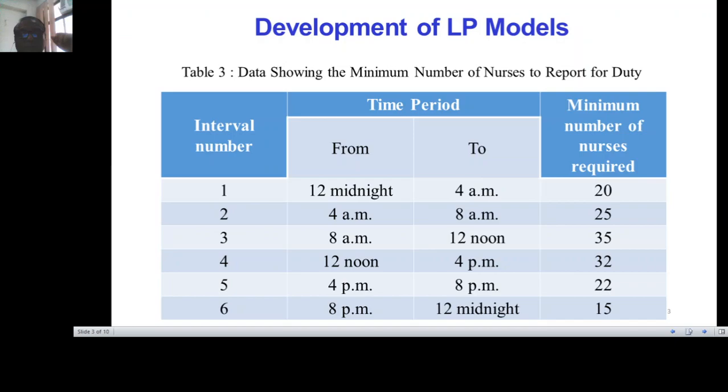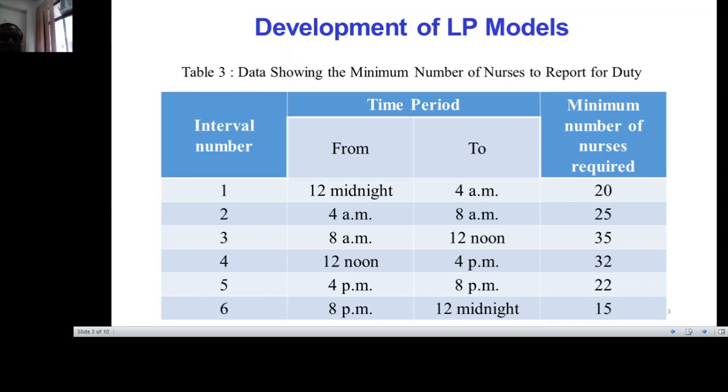Between 12 midnight to 4 am you need 20, but from 8 to 12 you need 15. So, the greater of the two is 20. So, the minimum requirement is not 15, it is 20. So, it can be more than or equal to 20. This is why we say x1 plus x6 will be greater than or equal to 20.